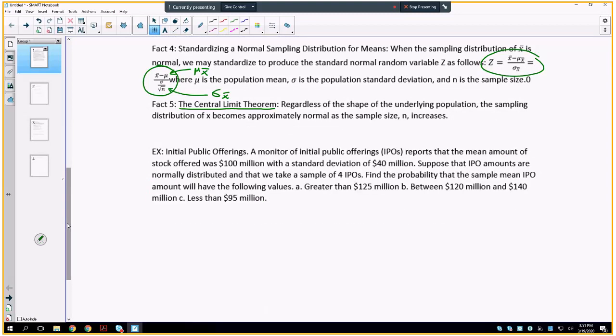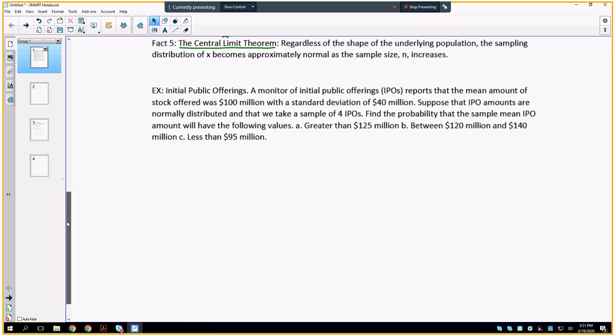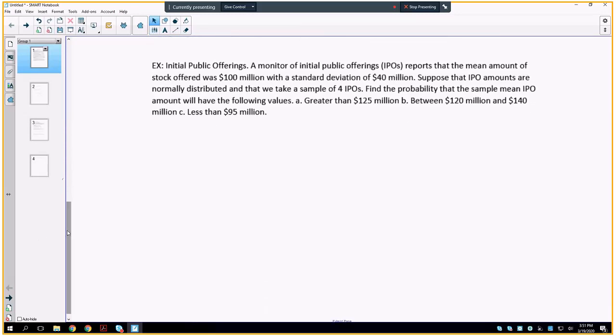But the central limit theorem now tells us that regardless of whether or not we have a normal population underlying, if we take a large enough n, then our sampling distribution is going to approach a normal distribution. So that's really, really cool and really, really nice. But we're going to probably focus on the original definition that we had.